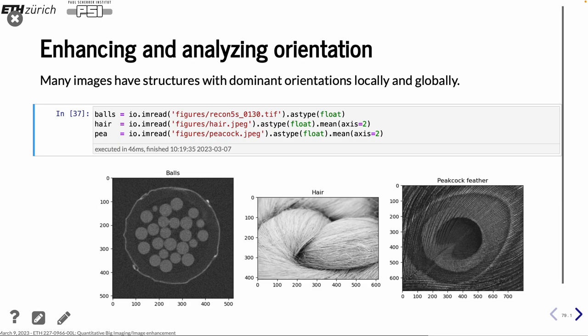The peacock feather has a major direction along the diagonal, but it also has straight lines going out along the axis. With the eye, you can clearly see these orientations and pinpoint them, but how do you tell the computer and put values on it?